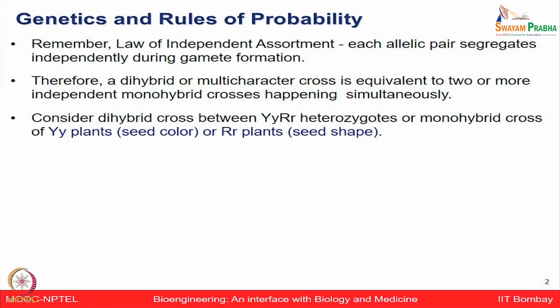We have discussed this example of capital Y, small y, and capital R, small r. This particular heterozygote has two different types of monohybrid crosses when you are talking about two properties, the seed shape as well as the seed color. So seed color, capital Y, small y, and capital R, small r can be your seed shape.